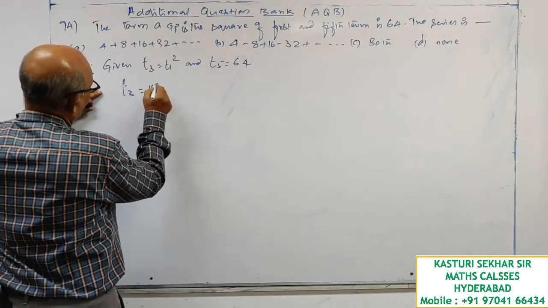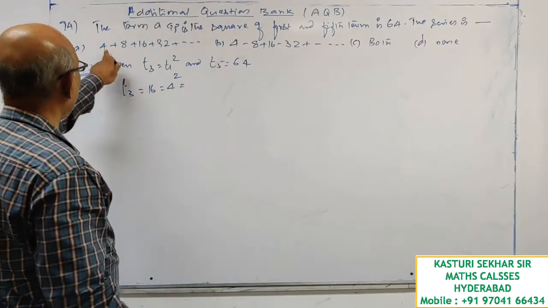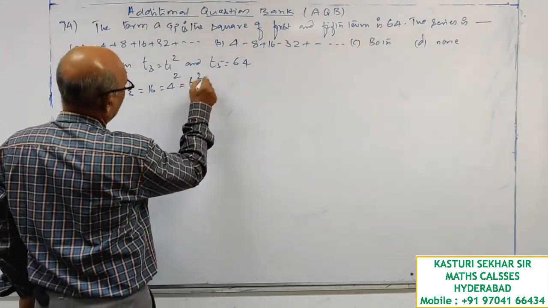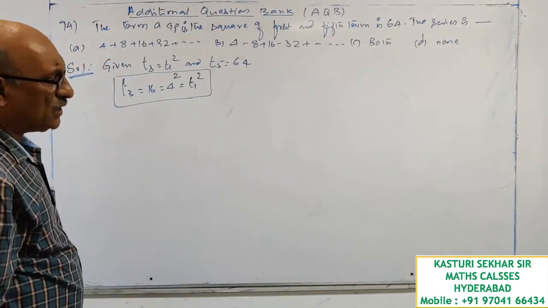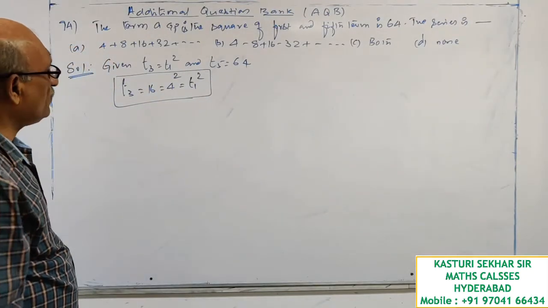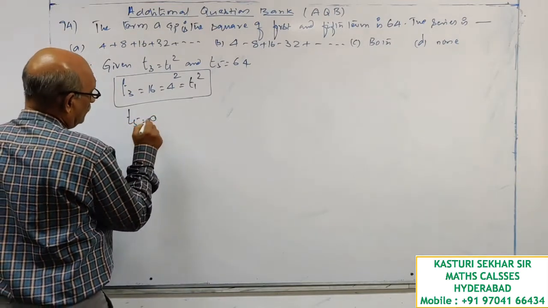T3 is equal to 16. It can be written as 4 square. 4 is nothing but T1 square. T3 is equal to T1 square. The first condition is satisfied.